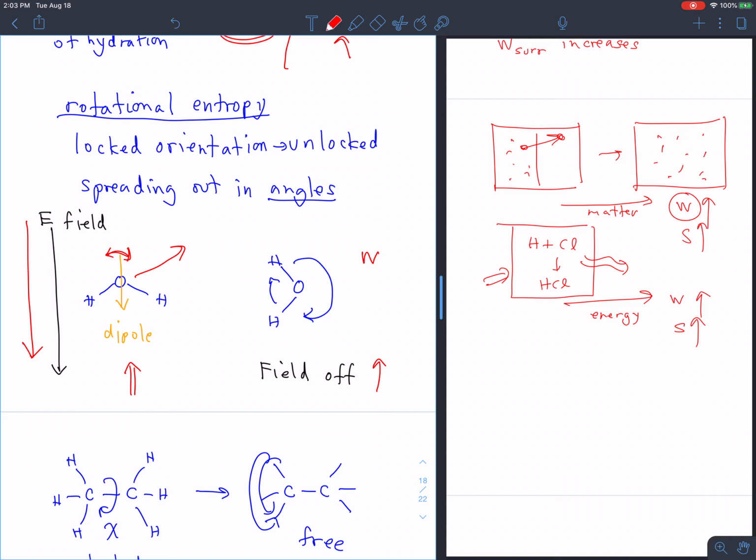The translational microstates, the movement of this whole molecule as a unit, hasn't changed. It was free already and it's still free over here. But the rotational degrees of freedom, the angles that are available to the system, have increased in going from the field on to the field off. And so there's rotational microstates, and therefore rotational entropy as well, and this represents an entropy increase.